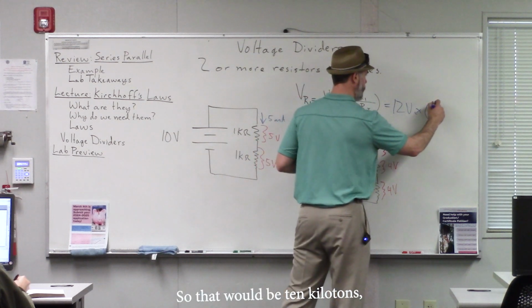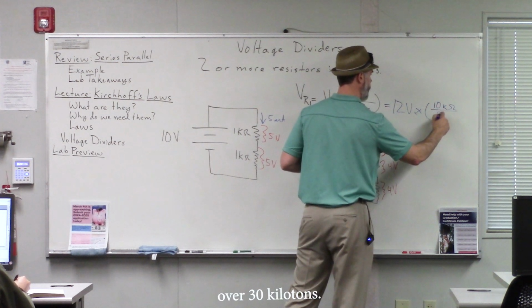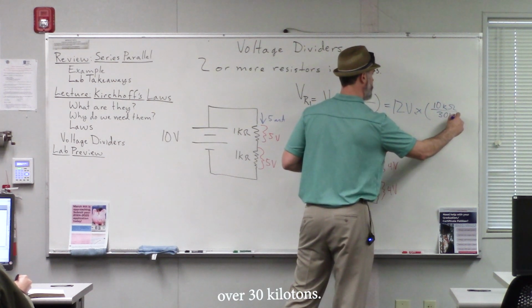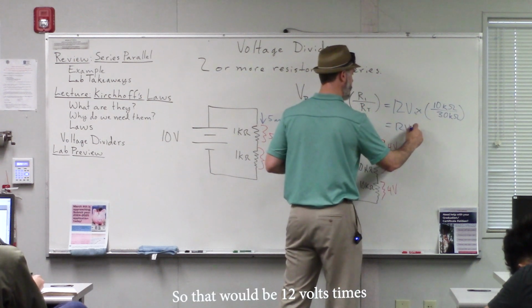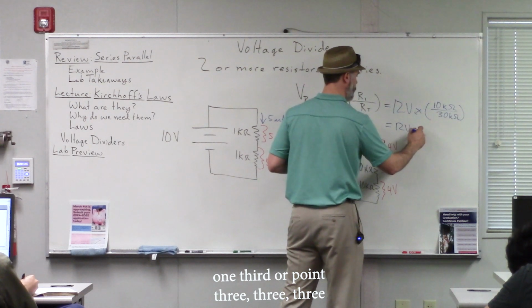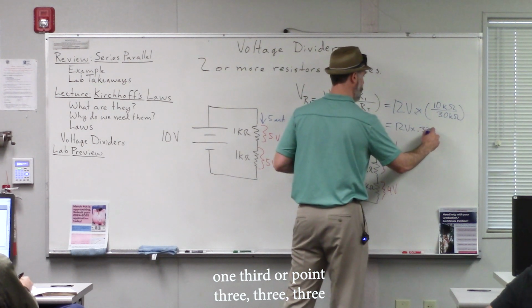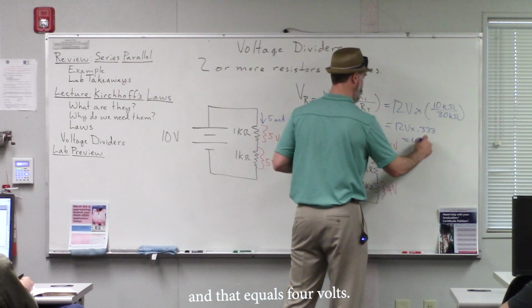So that would be 10 kilo ohms over 30 kilo ohms. So that would be 12 volts times 1/3, or 0.333, and that equals 4 volts.